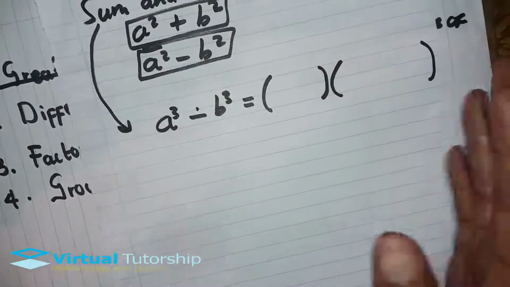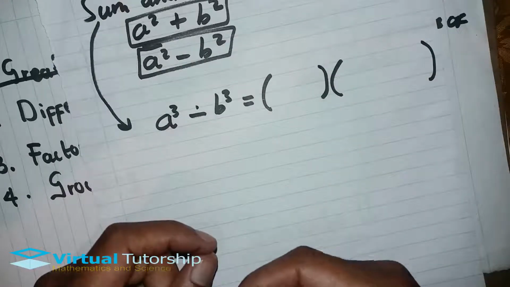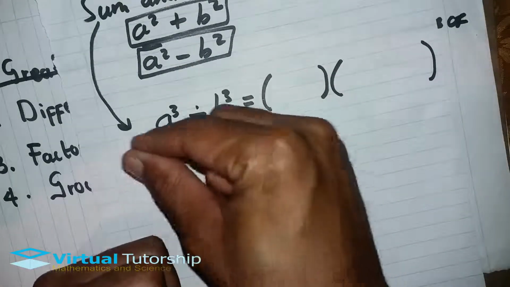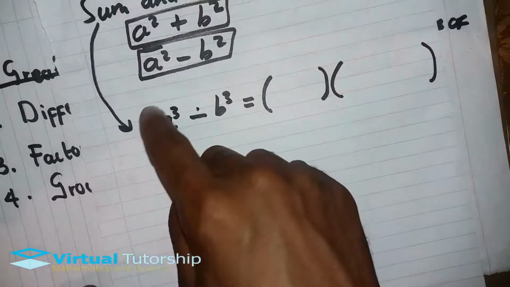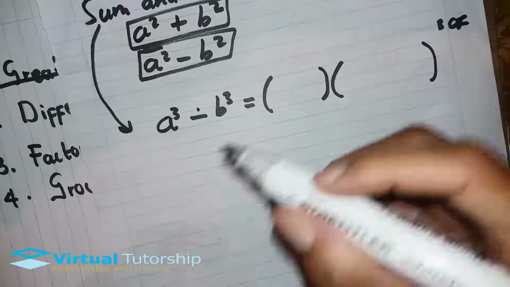Remember in the difference of two squares we took square roots. So for the difference and sum of two cubes we take what we call a third root.